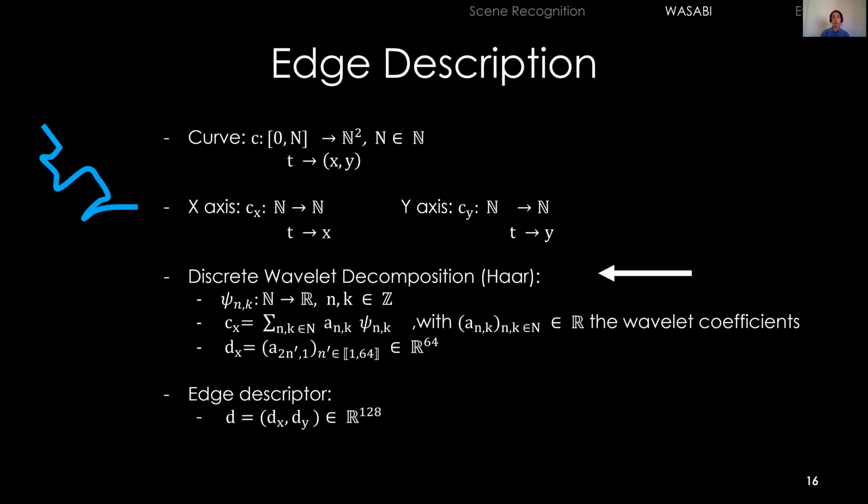I decompose each of these functions over a basis of wavelet functions. For example, here, the cx function can be written as a linear combination of these wavelet functions, and I store the even coefficients of this decomposition. The edge is then characterized by the concatenation of the x decomposition and the y decomposition. In the experiments, this vector has a size of 128.